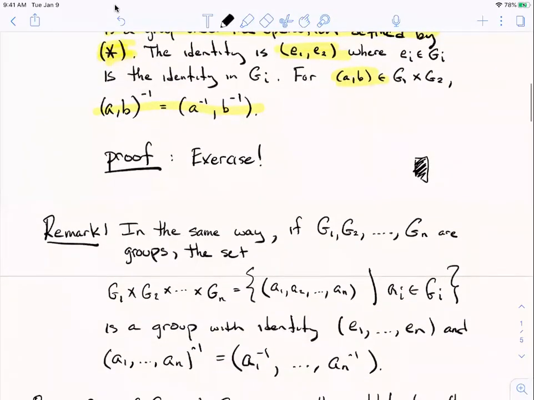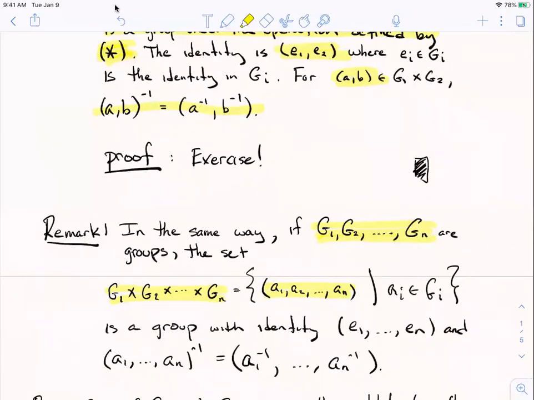A couple of remarks here. They look a little messy, but I'm just going to scroll down to them. The first remark is that we don't really just have to do this with two groups. In this course, we'll keep it finite. If you take an infinite number of groups, this notion gets mildly more complicated. But if you take any finite number of groups, then maybe in Math 240, you know, the Cartesian product of a finite number of sets is just the set of ordered, well, I can't call them pairs, I usually call them ordered n-tuples.